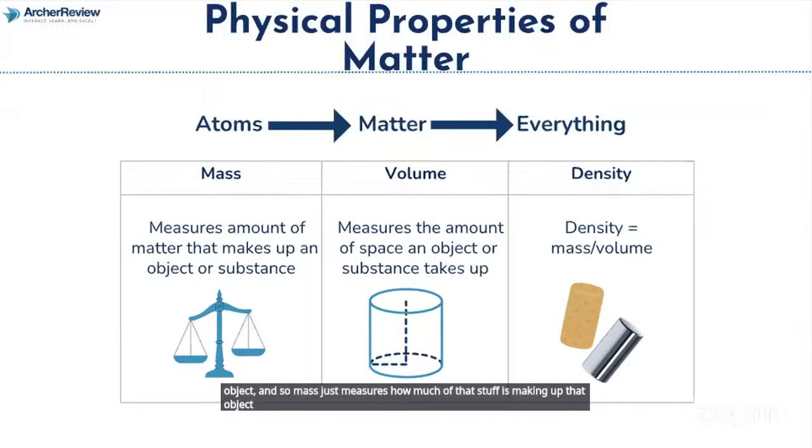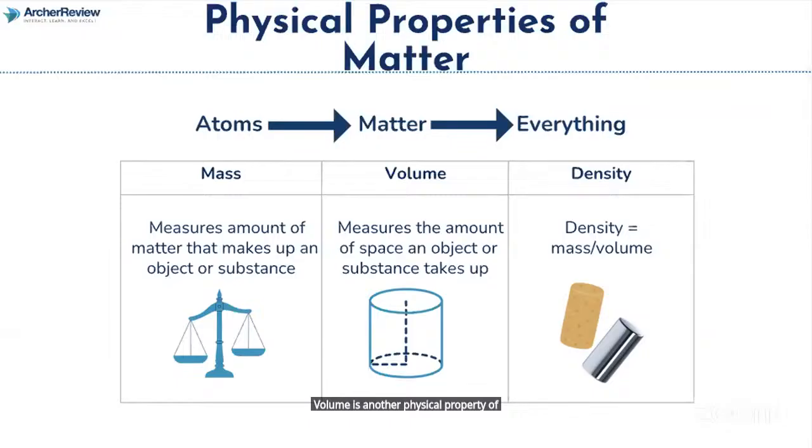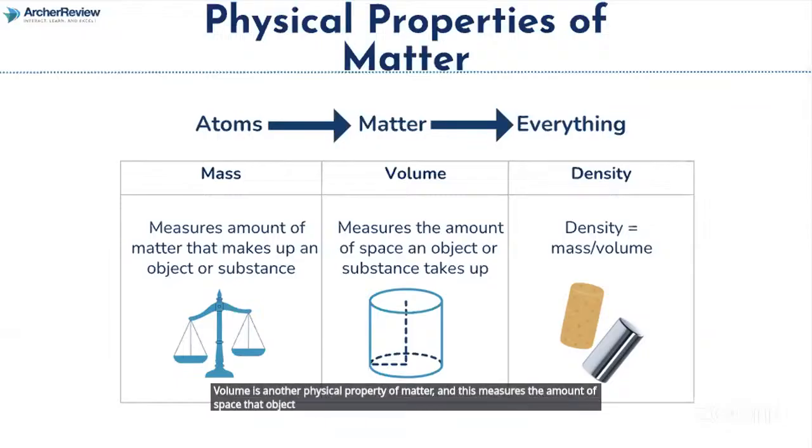Volume is another physical property of matter, and this measures the amount of space that object or substance takes up. Because for certain substances, particles can be really, really packed together. Particles can be more widely spread apart, and that difference would change the amount of space it takes up, right? The volume could shift.